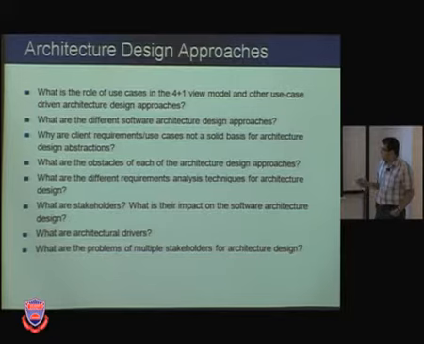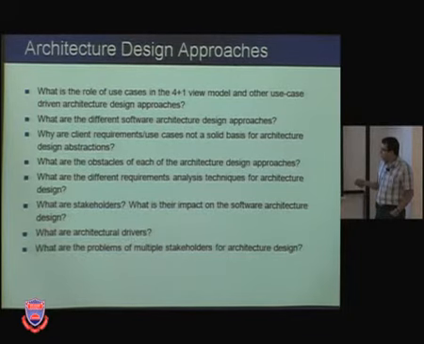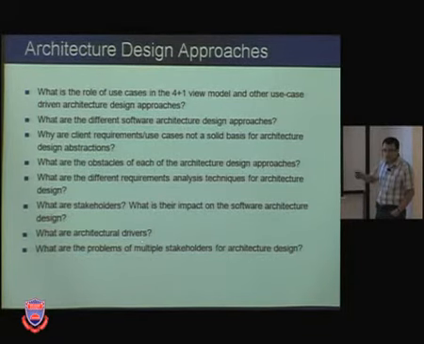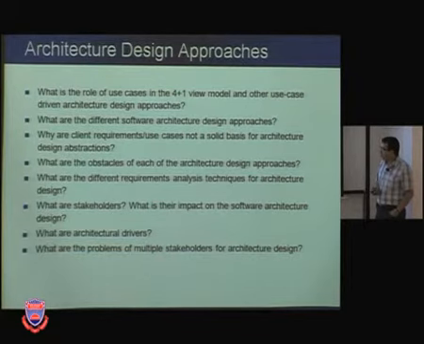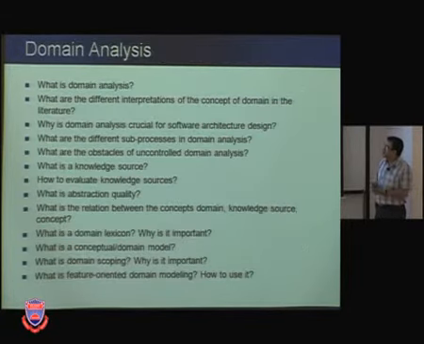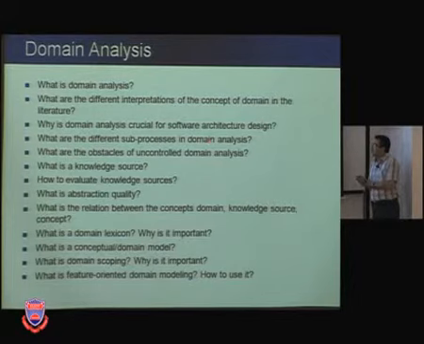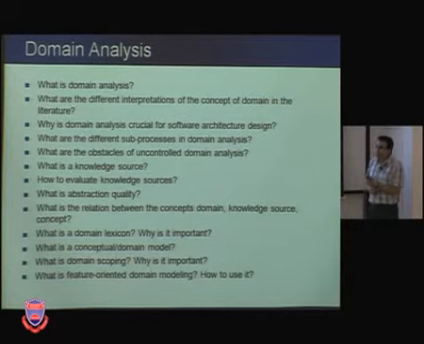What are stakeholders, and what is their impact? What are architectural drivers? Drivers based on stakeholder concerns. What are the problems of multiple stakeholders for architecture design? You have to do trade-off analysis. What is domain analysis? What are different interpretations of domain analysis? Why is domain analysis crucial for software architecture?